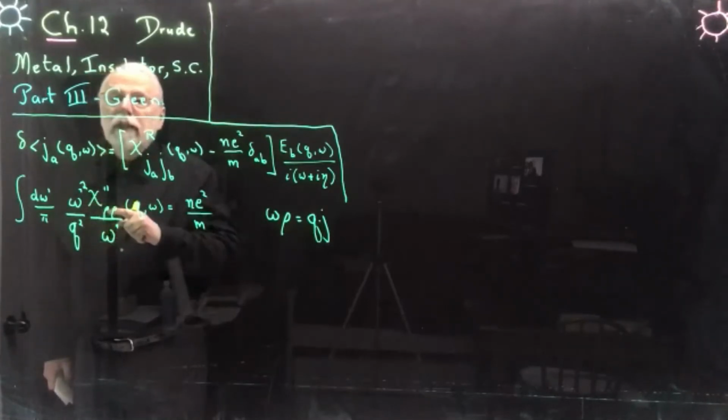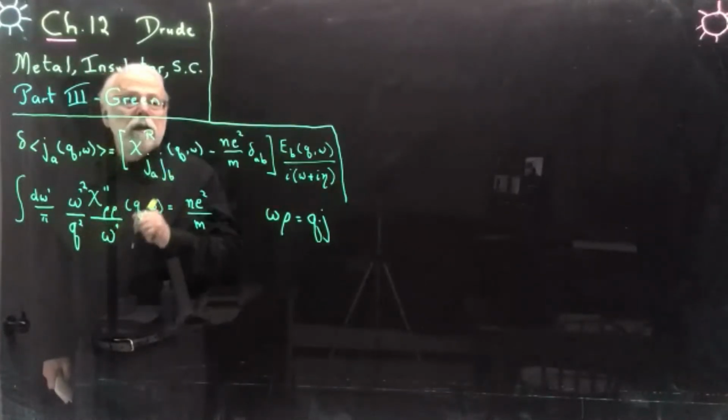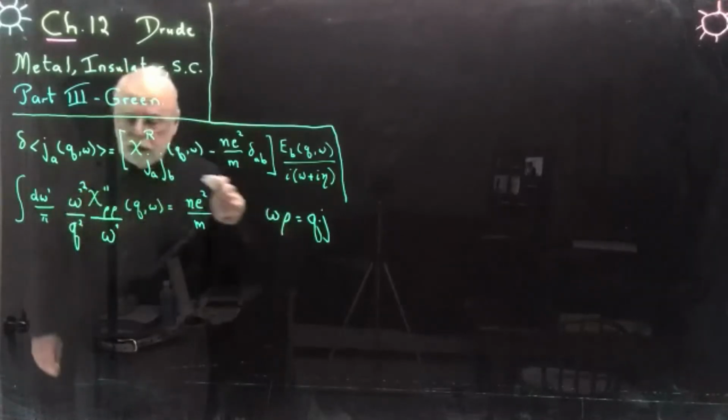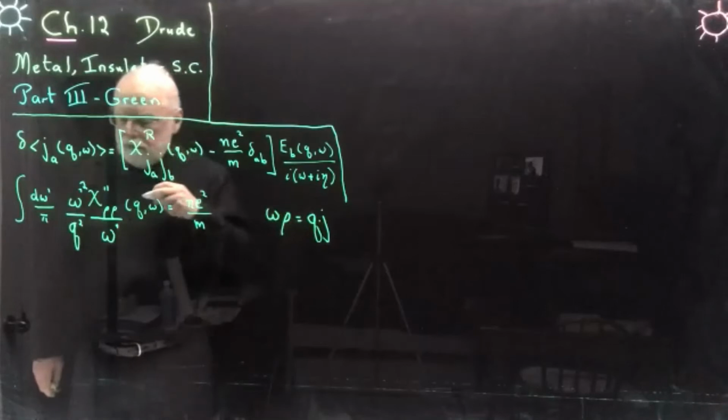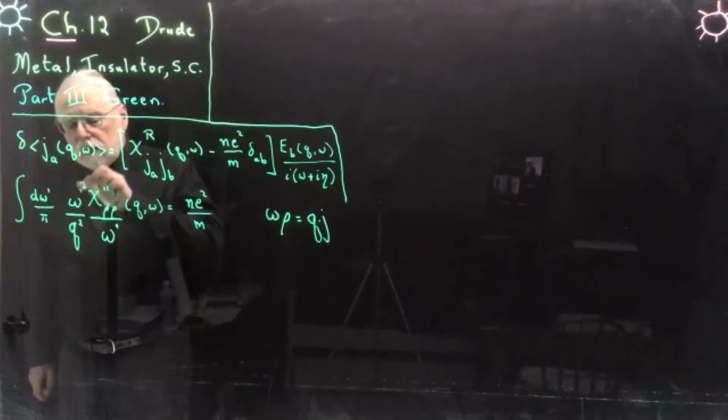So this omega square times rho divided by q squared, that gives me a current, okay? And it's a longitudinal current, so it's the current in the direction of the spatial variation.